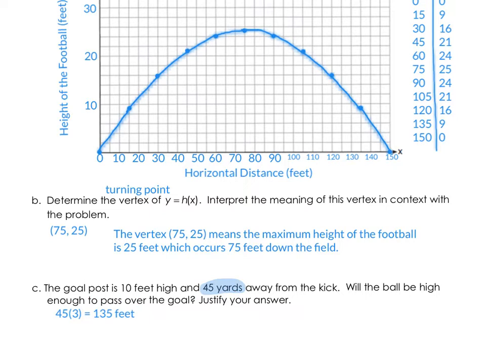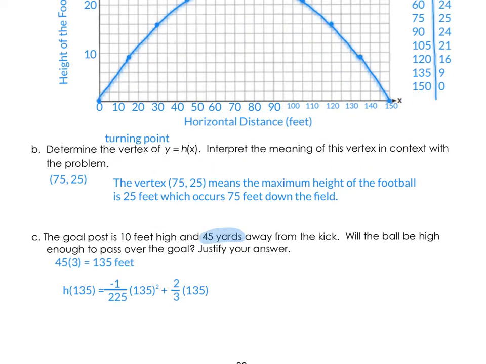That's where we need to see if the kick will go through the goalpost or not. So at that 135 feet over here, I need to figure out, is the ball higher than the goalpost? Well, the goalpost is 10 feet, and if I look here, oh, but my height of the football is only 9 feet. So that means it's going to be a foot too short. The goalpost would be right here. It'll go right underneath it.